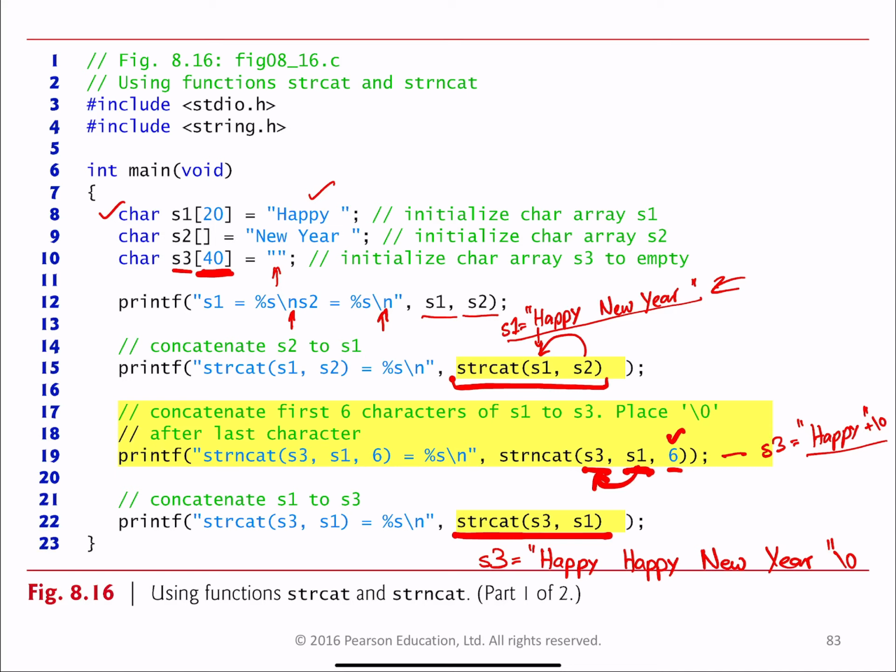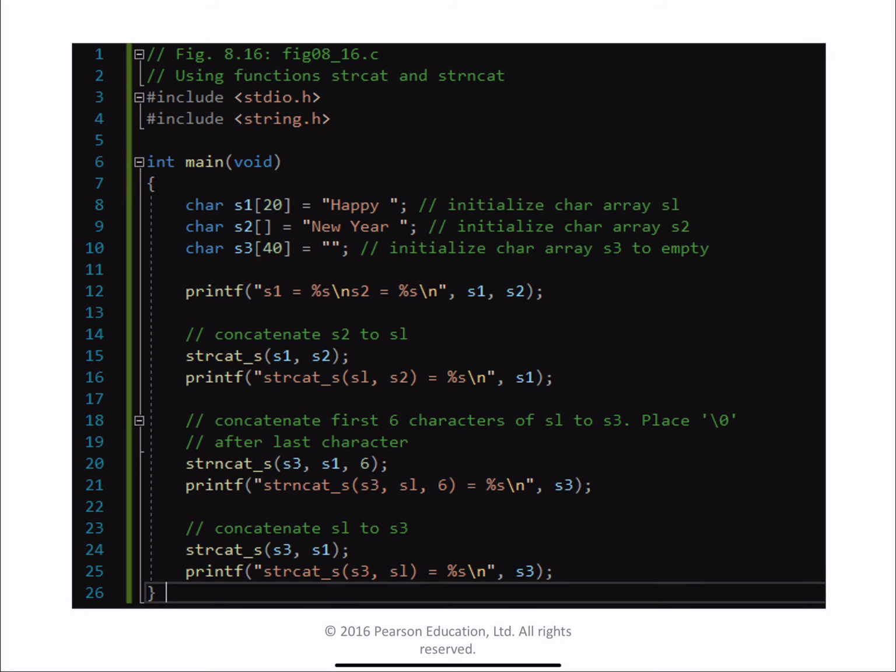Now here too, this is how it works on many platforms, but since we're using Visual Studio, we have to use the secure versions of strcat and strncat. And again, the return value from strcat_s and strncat_s is not the pointer to S1 or S3.